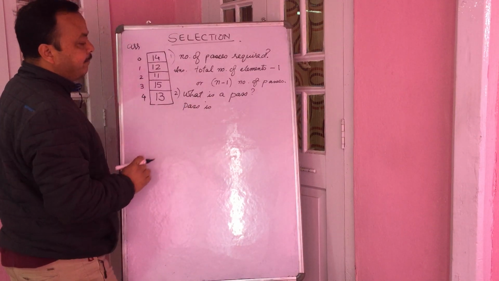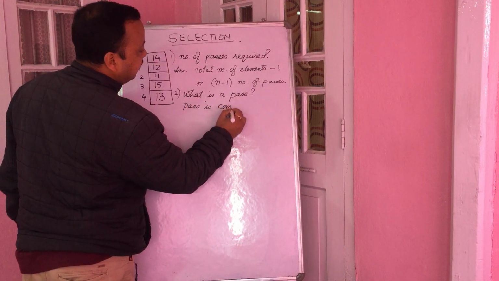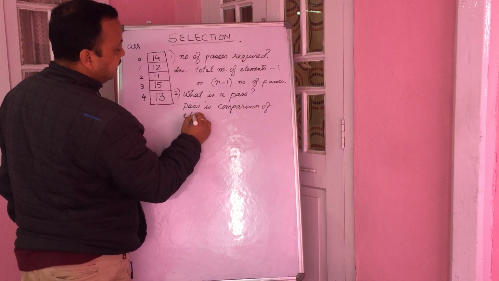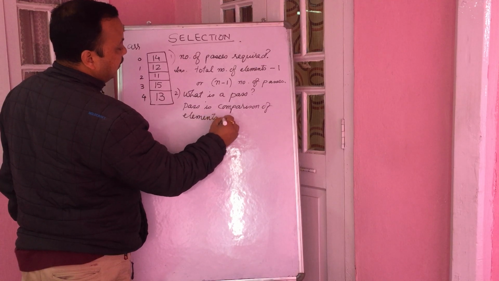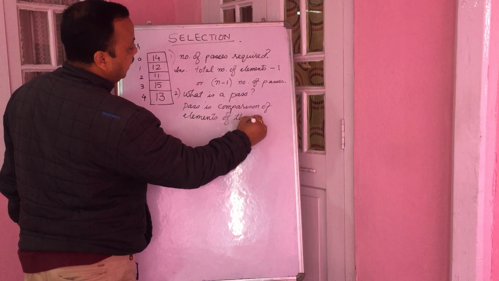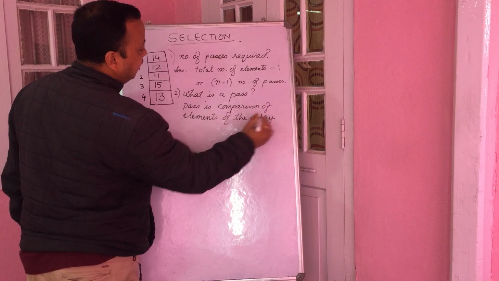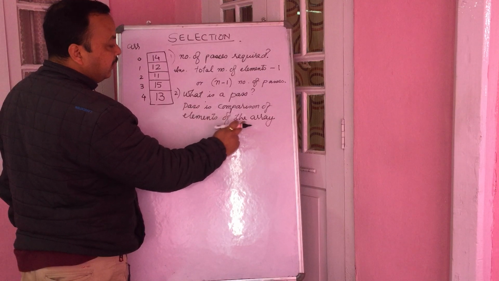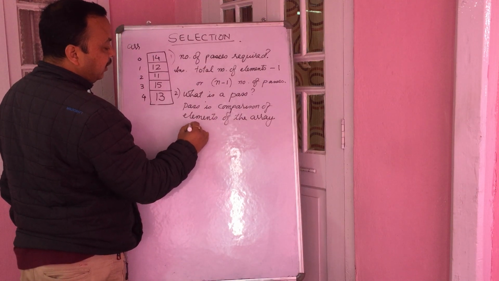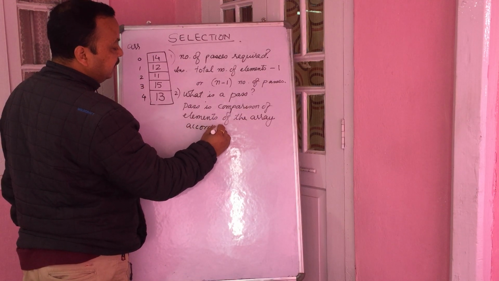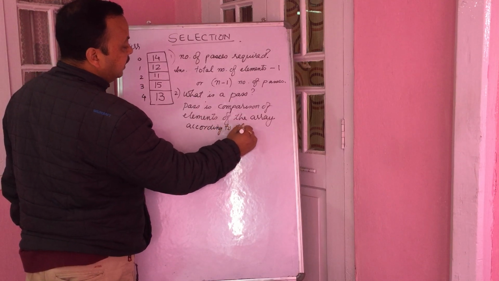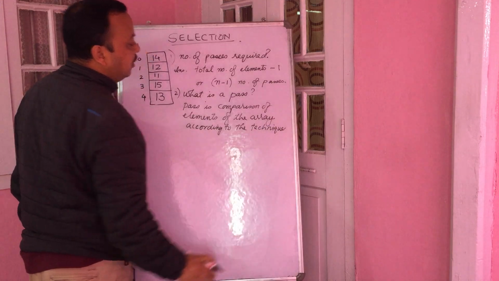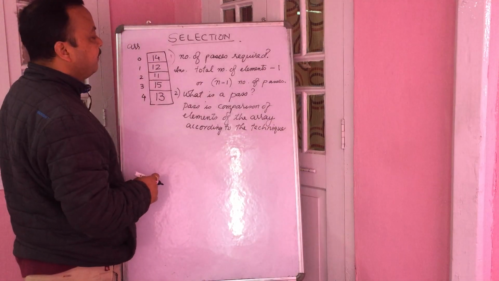A pass is comparison of elements of the array according to the technique. Every technique has its own unique way of rearranging or sorting.